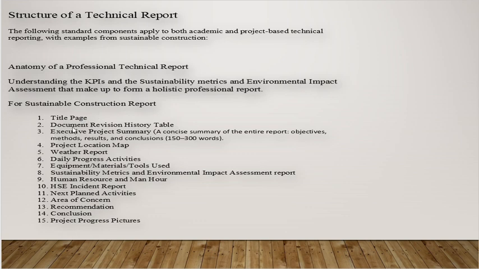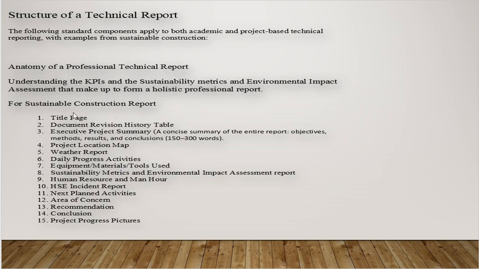You can see the title page, the document review and revision history table, the executive project summary, the location map, and the daily weather report. These are the anatomy; these are the key performance index, the sustainability metrics, and the environmental impact assessment report. These are the things that must reflect in your technical report writing.